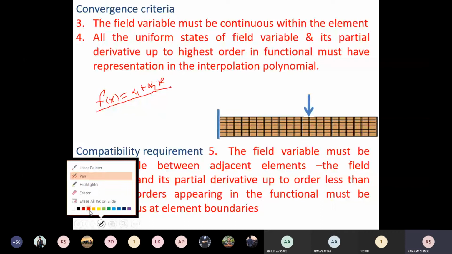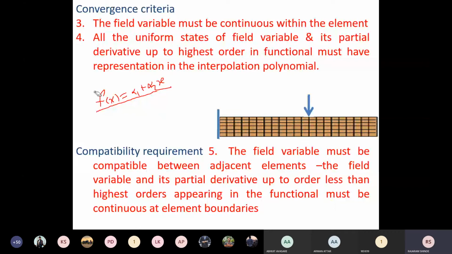Now next one: the uniform state of the field variable and its partial derivatives up to the highest order in the functional must have a representation in the polynomial. Uniform state means what? Uniform state of the field variable.